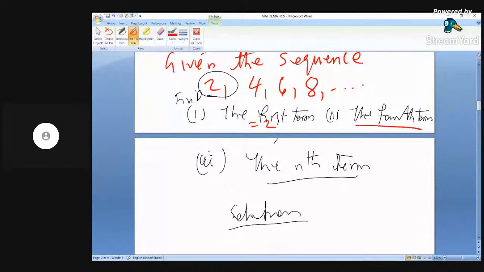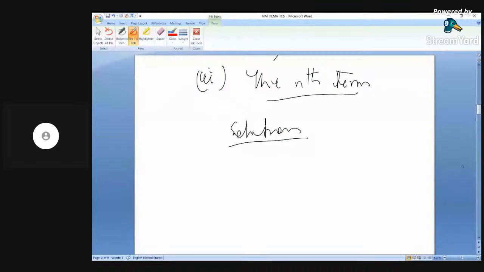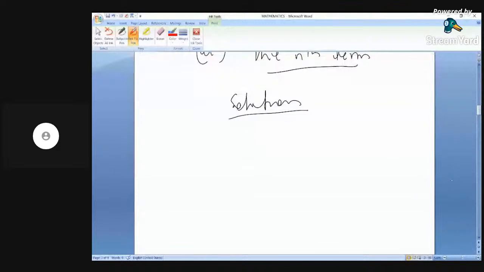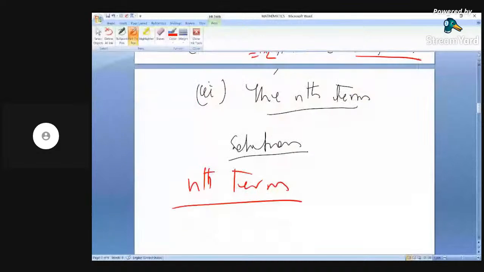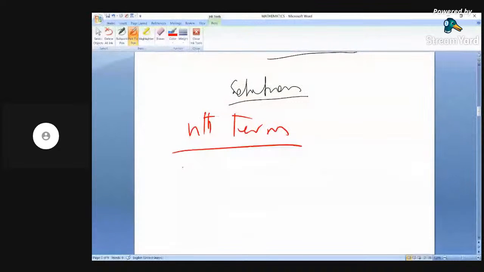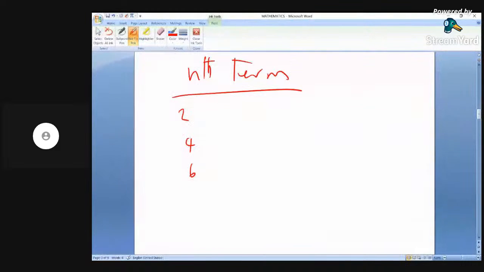Then the fourth term, you just count 1, 2, 3, 4. So the fourth term here is going to be 8. And what about the nth term? The nth term is the part which we have to focus on a little bit. How are we going to find it? Going back to the question, you have 2, 4, 6, 8.